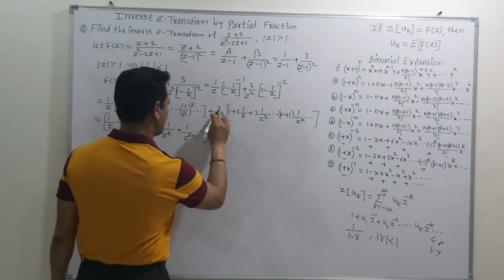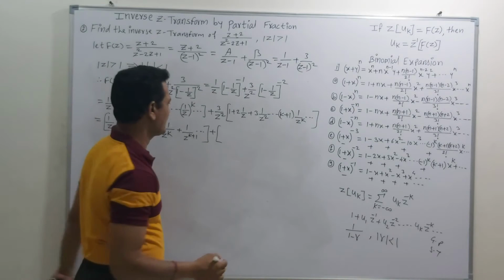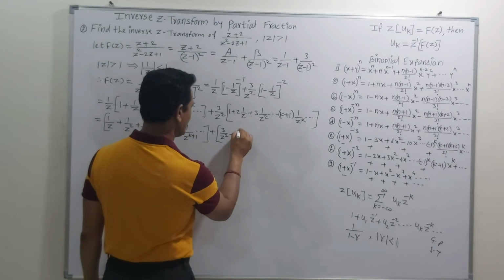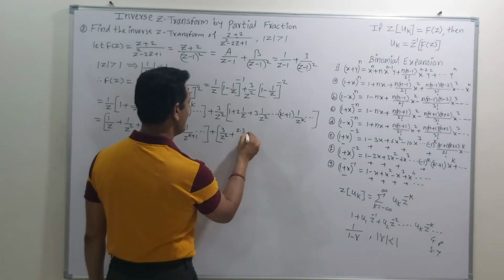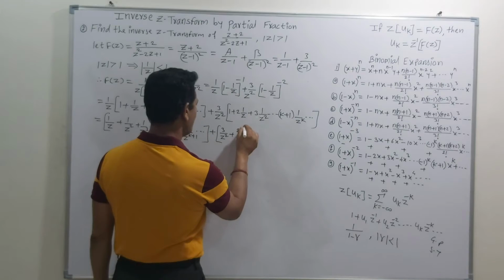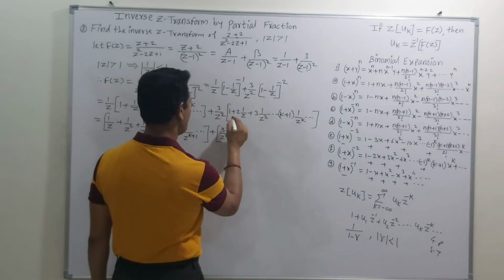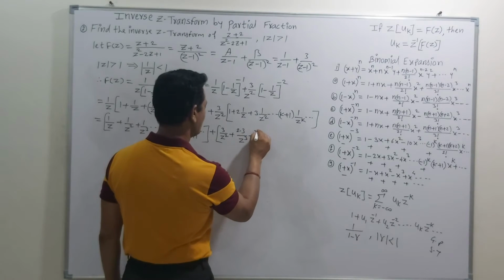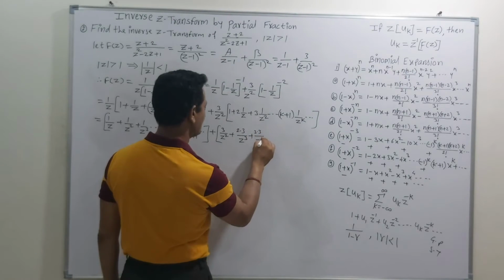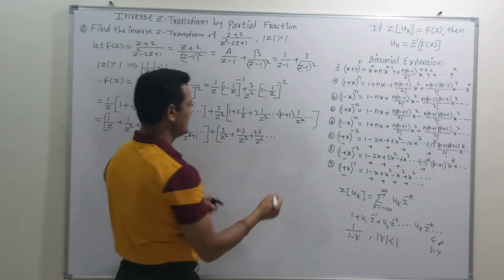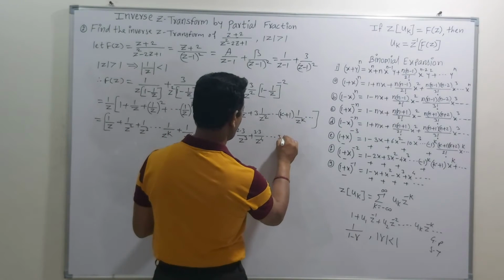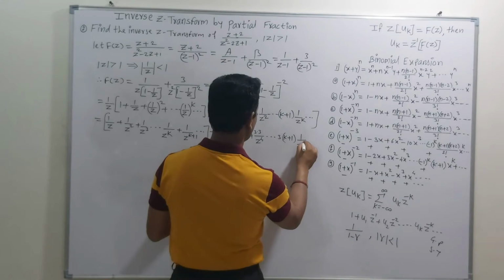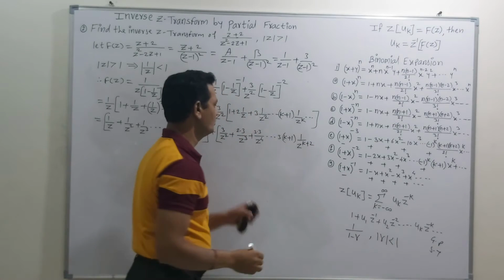Then plus sign. Take this 3 upon z square to the inner side. So we get 3 upon z square plus 2 into 3 upon z raised to 3 plus 3 into 3 upon z raised to 4 and so on. In general we get 3 into k plus 1 into 1 upon z raised to k plus 2.